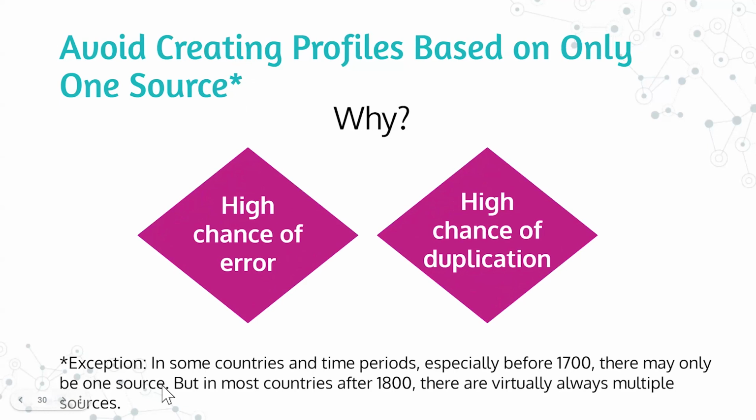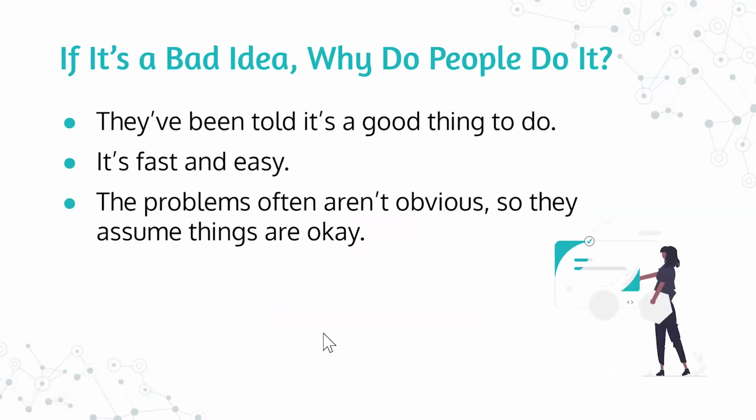So we do our best, right? We use what we have. But in most countries, especially going forward from the 1800s, there are virtually always multiple sources. So we are able to build a good picture of the family, an accurate and reasonably complete picture, so that we don't have to rely on just one source to put information into Family Tree.